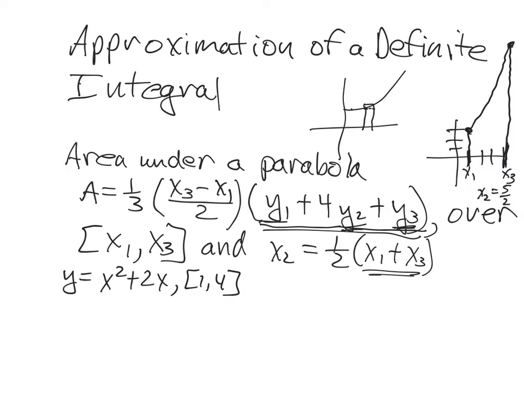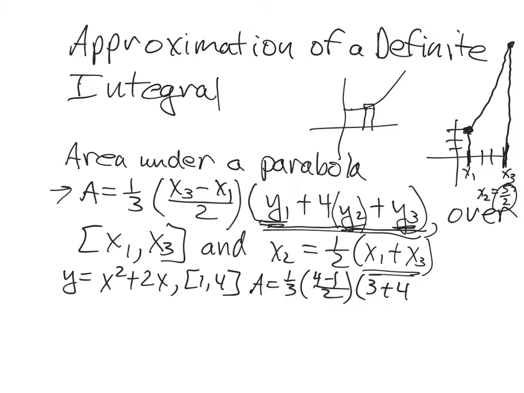So plugging it into this, 1/3 times (4 minus 1) over 2, and then y sub 1, we already calculated that, would be 3, plus 4 times y sub 2. Now y sub 2 gets a little ugly.